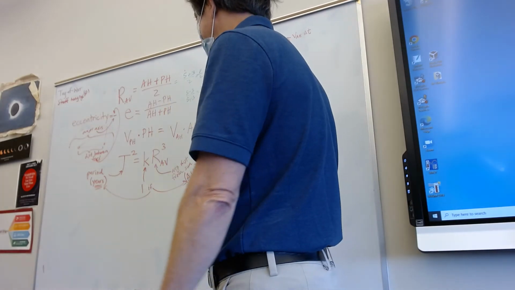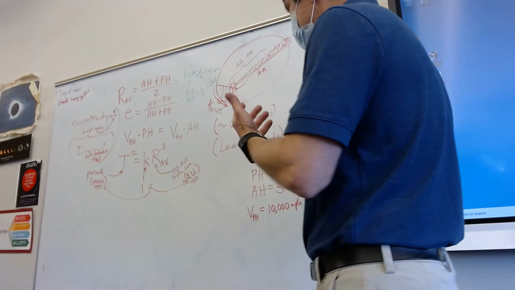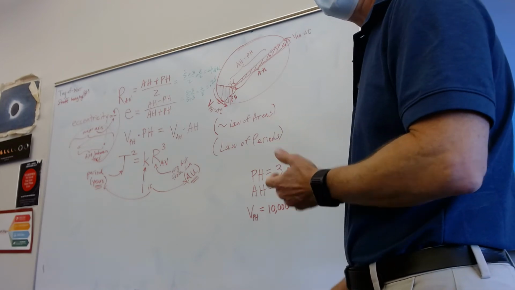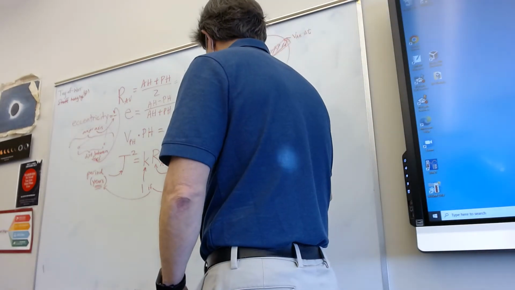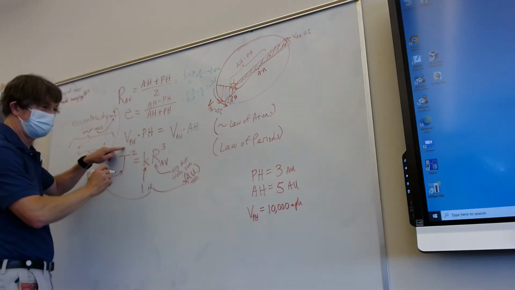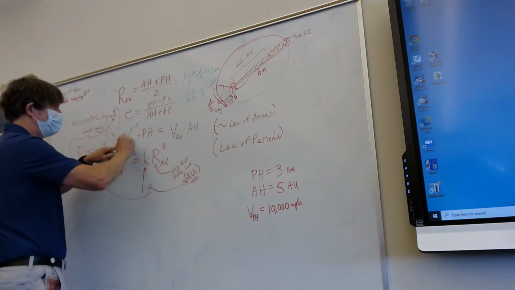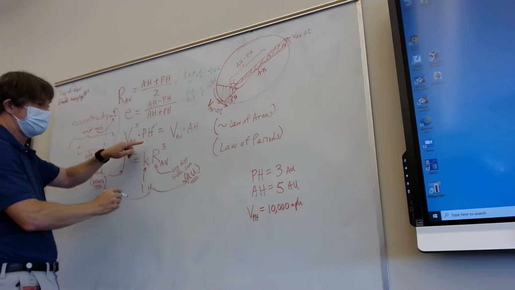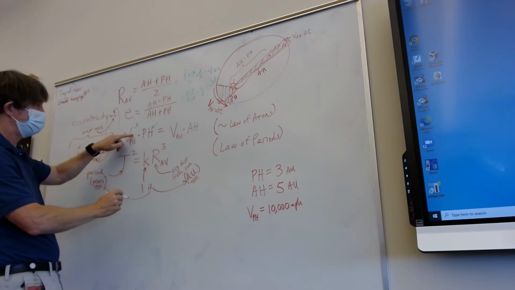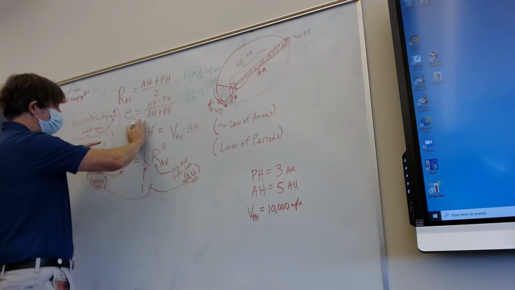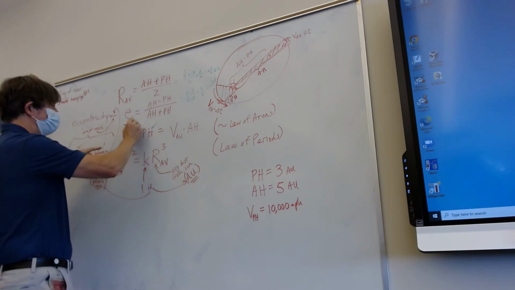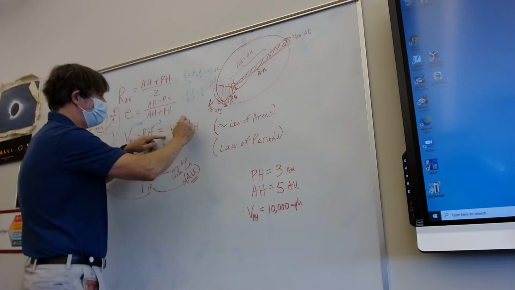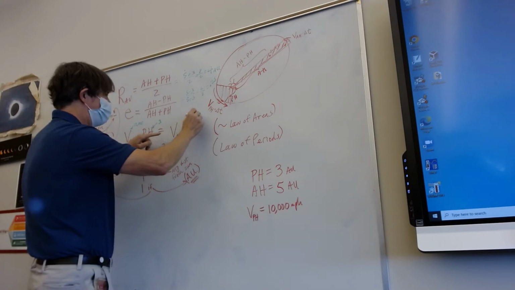Now, how about this one? What could I possibly ask for? Well, maybe the one thing I didn't give: the speed at aphelion. I know the perihelion speed is 10,000, and the perihelion distance is 3, and the aphelion distance is 5.